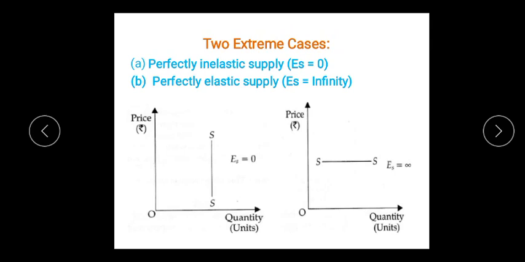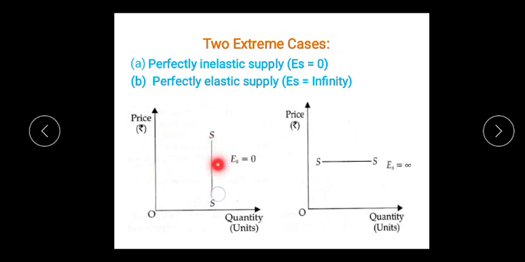Dear students, when the quantity supplied of a commodity does not change at all in response to the change in its price, the elasticity of supply is equal to 0, and this is the case of perfectly inelastic supply. In such a case, the supply curve will be a vertical straight line parallel to the y-axis or price axis, as shown in the figure given on the left side of the slide.